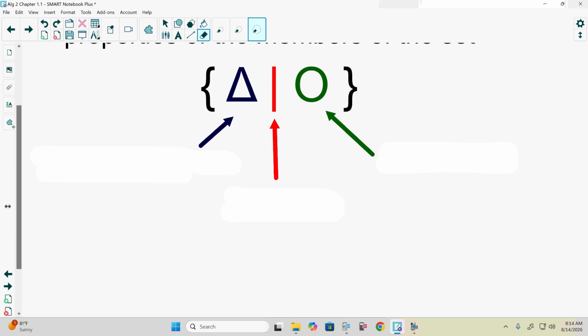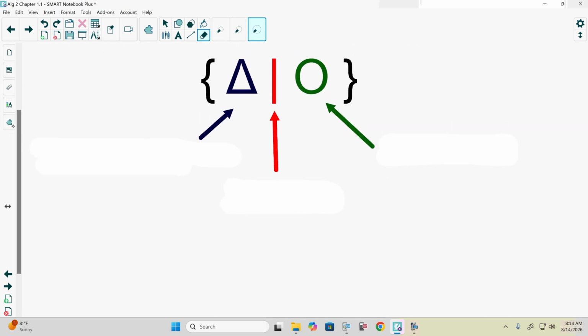Now, set builder notation, I normally do kind of a big lead up to it. This is going to seem more complicated than it actually is. This is a way for us to describe any and all sets in a succinct form, a nicer form. Likely you will not see this again after this chapter.